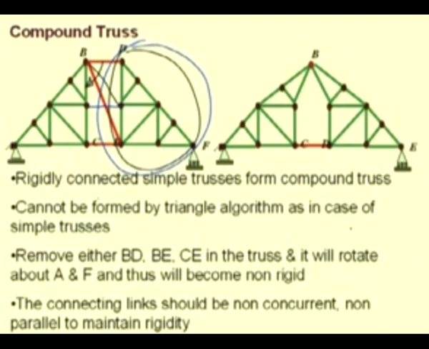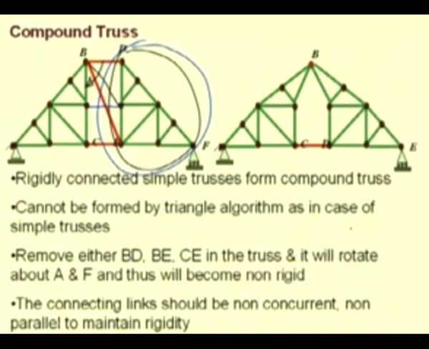So, this condition that the 3 links should be non-concurrent as well as non-parallel should be satisfied for the connection between 2 simple trusses to be rigid.